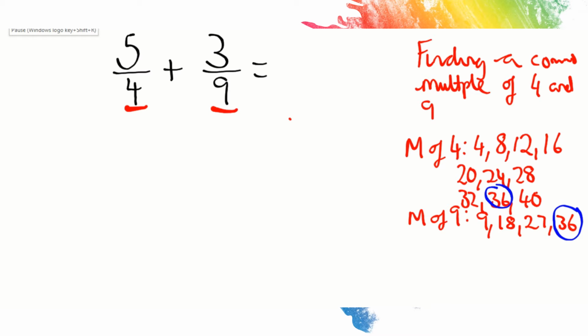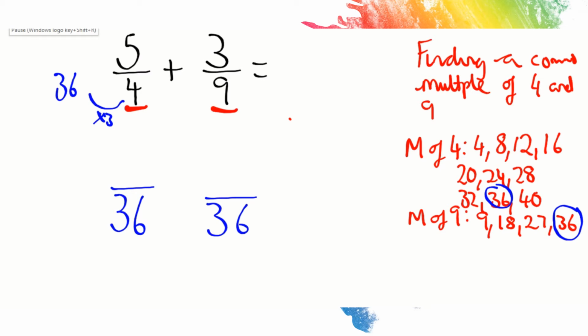Therefore, I know my denominators are both going to be, that's it, you guessed it, 36. But then what I need to work out, well, what did I multiply 4 by to get to 36?